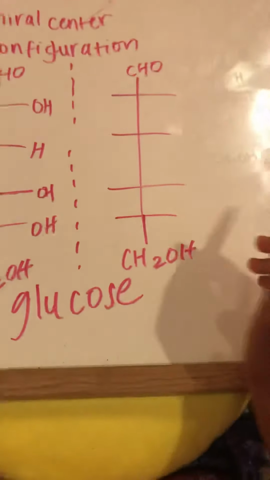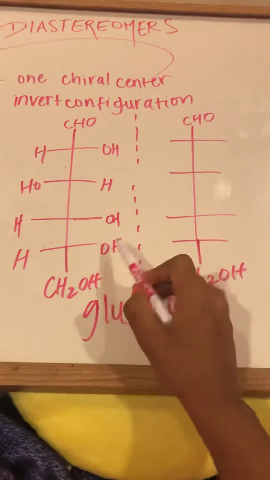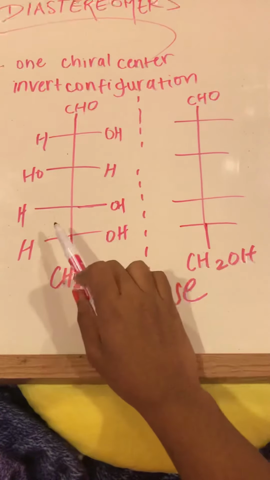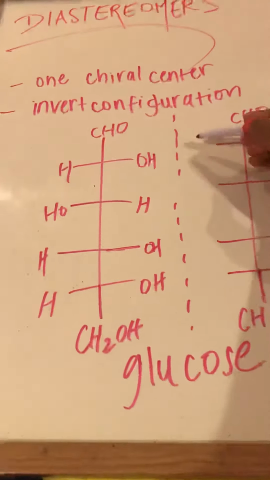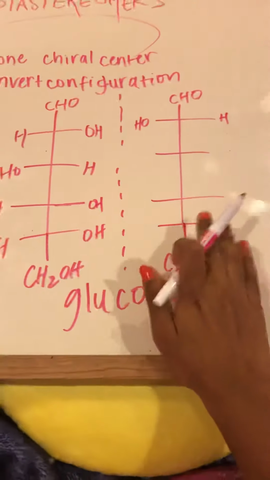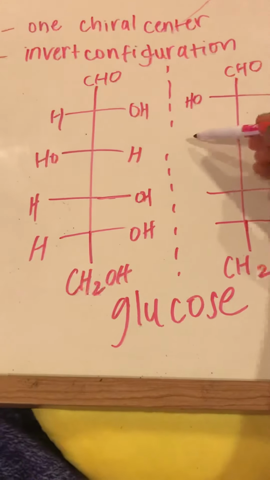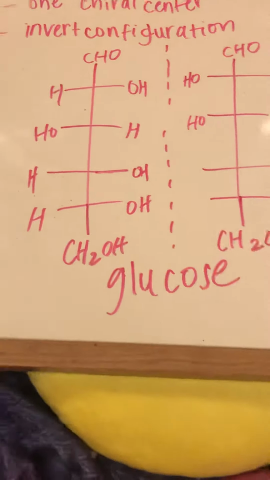So when I'm drawing the diastereomer for this one, what would happen is I would have one of these OH groups on the opposite side, or two or three of these OH groups on the opposite side, but not all of them. So it would end up being something like maybe this. If this is what I had and everything else is the same, it would be considered a diastereomer. I could still keep this one over here and keep everything else the same.